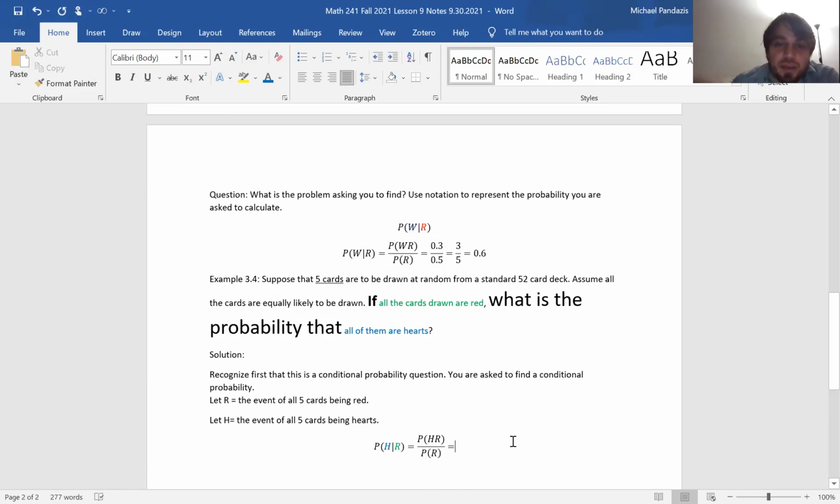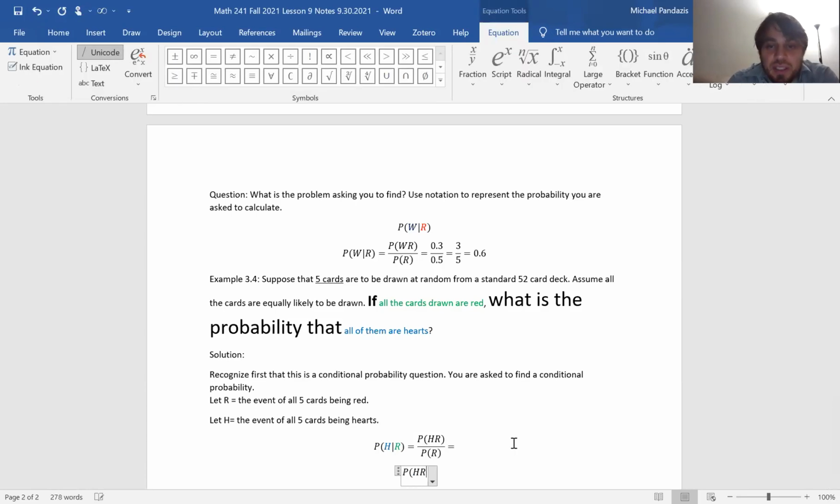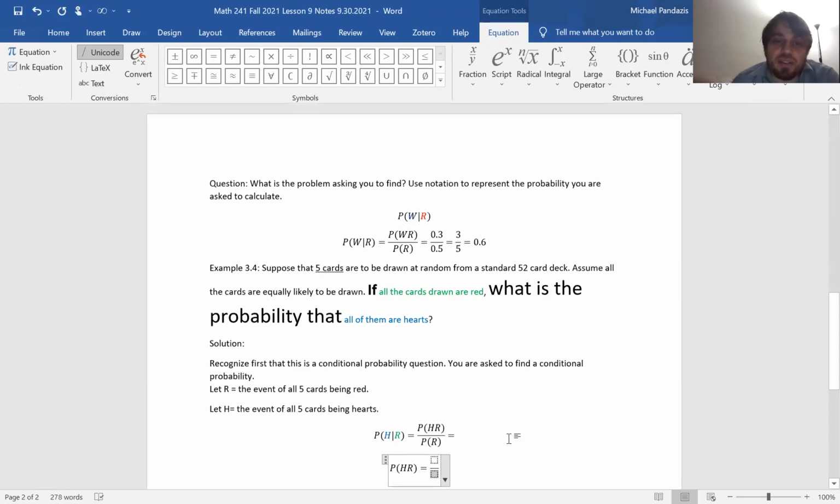Okay, so we need to find these probabilities. It's a little more complicated. So the probability of getting 5 cards that are all hearts and red. Well, it's a 5-card hand.